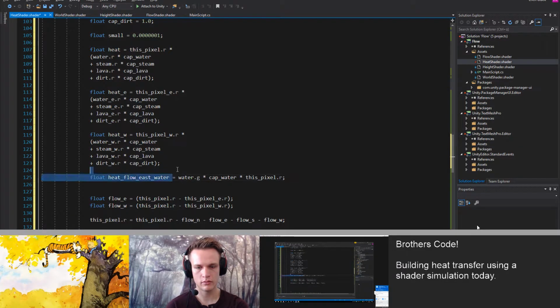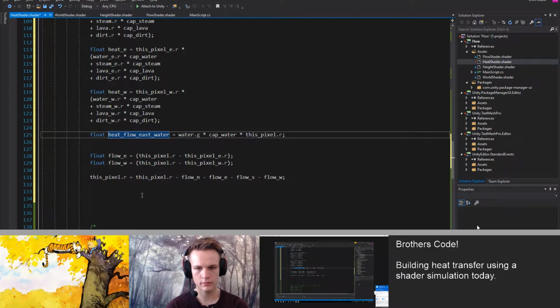Okay, this is starting to make sense to me. So we know the amount of heat that flowed, therefore we can calculate how much our delta heat should be. Divide that by the new amount of whatever we have in our cell and add that to our temperature. Yes, that is the goal.